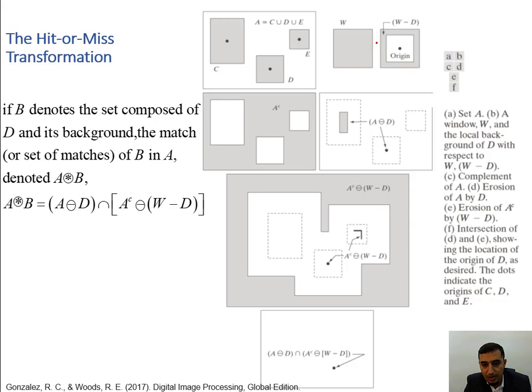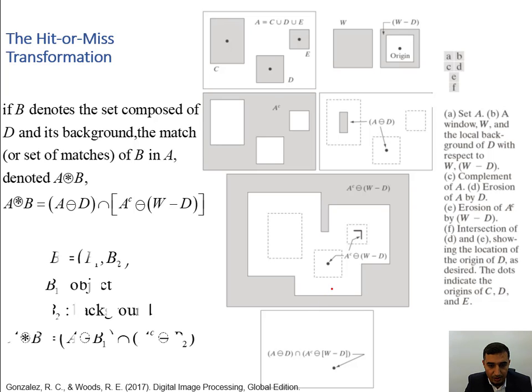So this is our W. Now when you apply the hit and miss transformation, we get this full object where we have these values together.